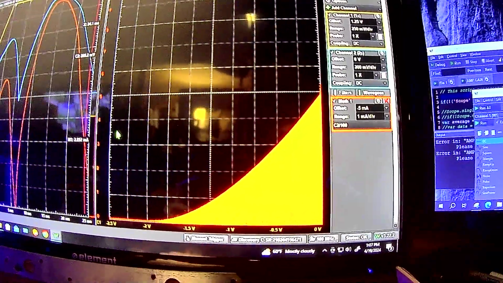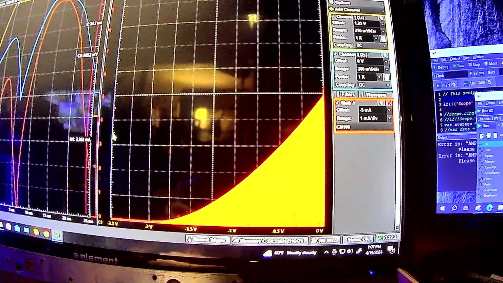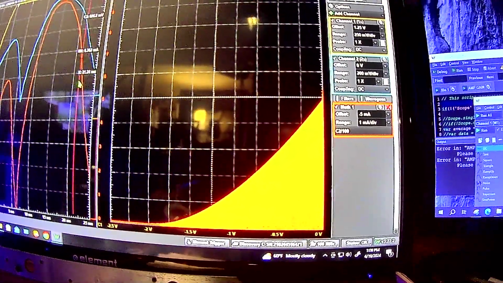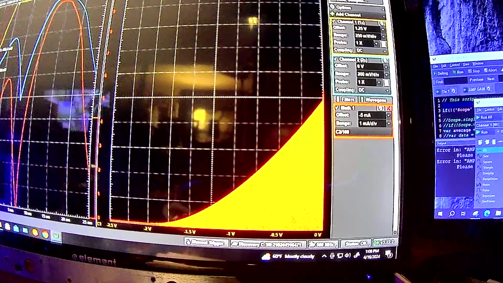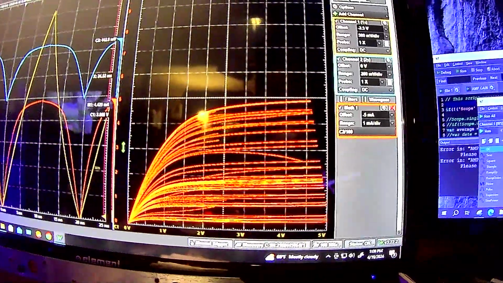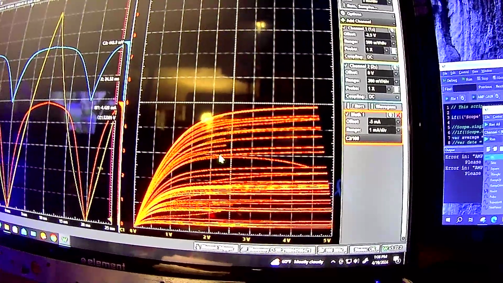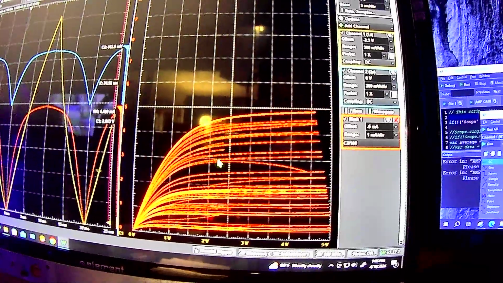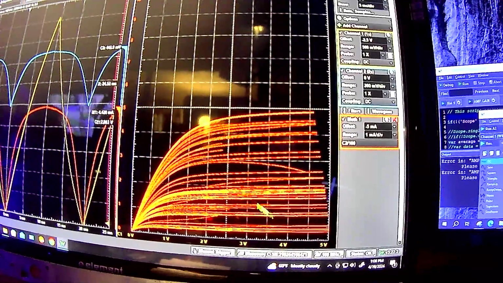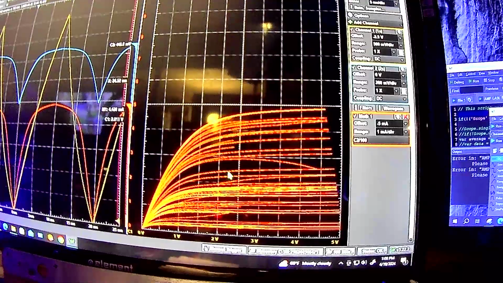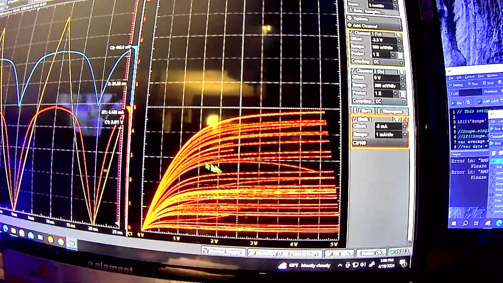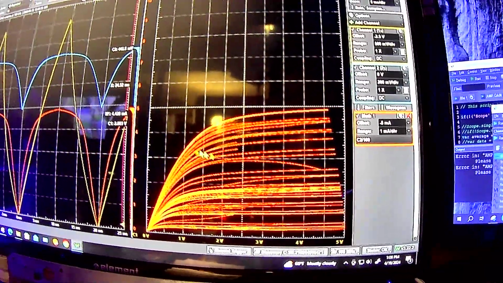So again, you're looking for around 3 milliamps or so. And that corresponds to right here, is where you'd want to put your Q point, but the point is that you're actually biasing it in the ohmic region, which normally you may not want to do.